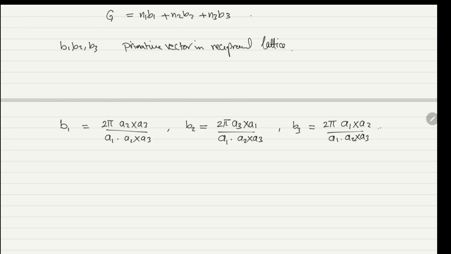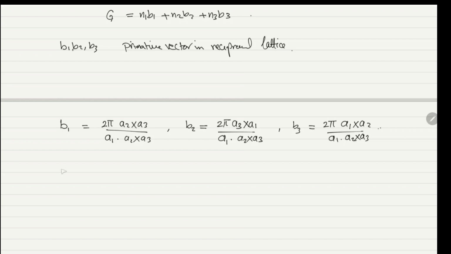Now, as soon as we define the primitive vectors A1, A2, A3, these vectors of the direct lattice are usually specified simply by giving coefficients of Ai in square brackets.